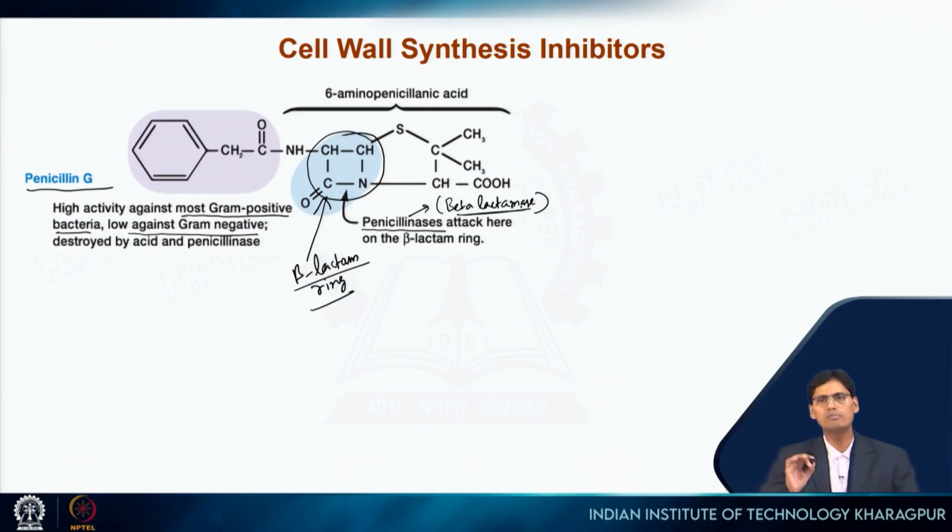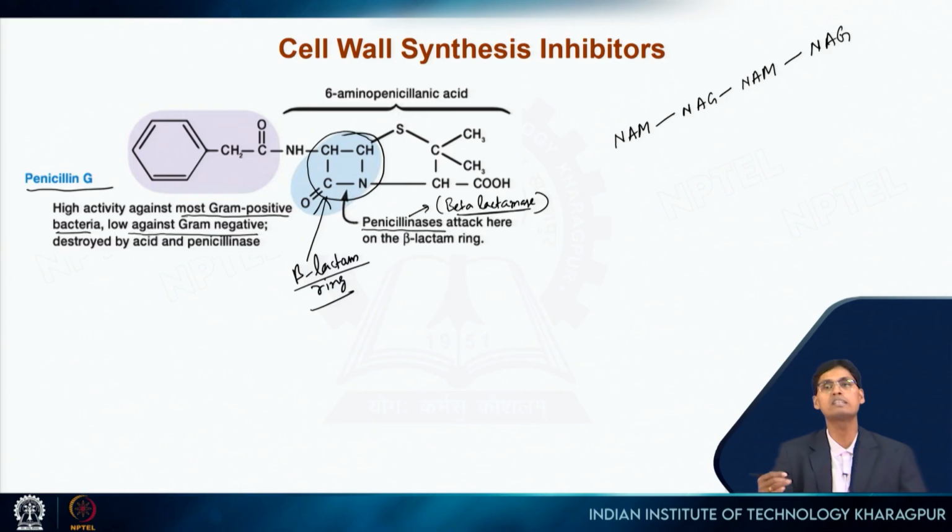But now I should discuss in more detail, if you can remember a little about the peptidoglycan structure, that we have N-acetyl muramic acid and N-acetyl glucosamine, a repeating subunit of sugar. And then another chain of the same repeating polymer.